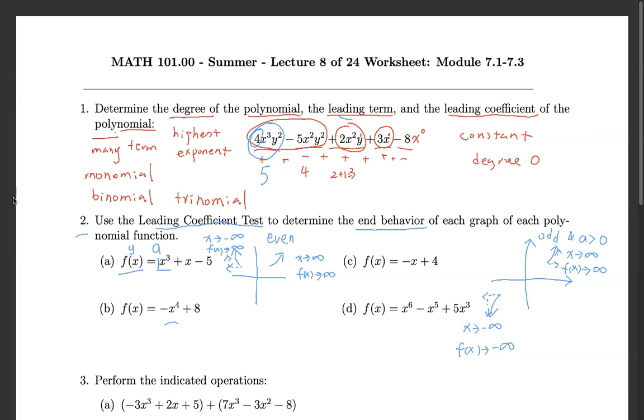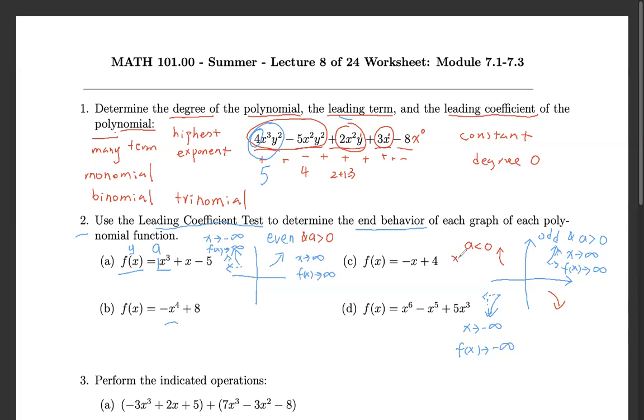Now let's use red color. This is also for positive even degree, positive leading coefficient. Now let's see negative leading coefficient for odd degree. If it's odd degree and the leading coefficient is negative, we'll have this. It goes through the second quadrant and the fourth quadrant.